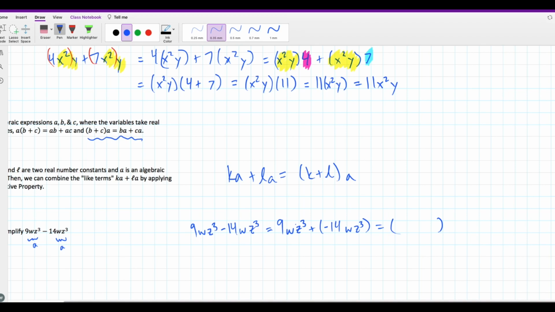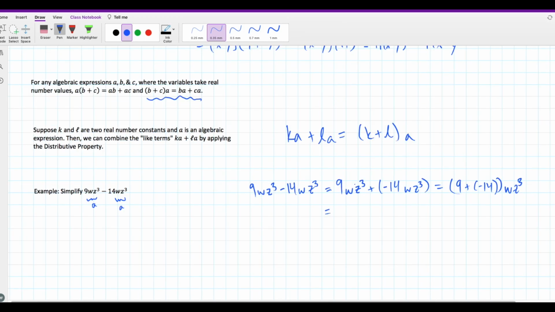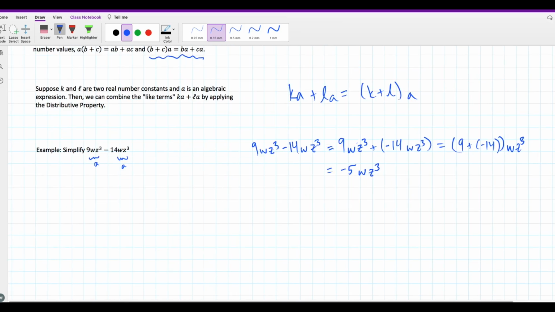So we had 9 and negative 14 times that common expression A. Okay, here's our common expression A. So then we have WZ cubed. This means we can now go ahead and add 9 and negative 14, which is going to be negative 5. And then we're left with our WZ cubed. And that's it. Now, we can apply this to a lot of different situations.